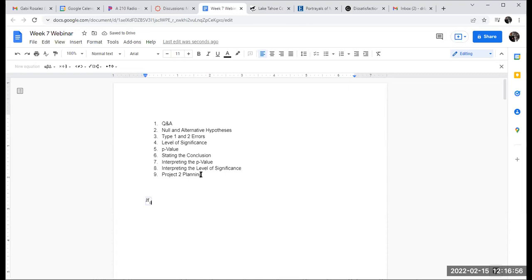Okay, the British got to this first. And 0 is not a word in Britain. So it's H naught, because that's how they say 0 in Britain. So everyone calls it H naught. And then a colon. So just note, it's always going to look like this. The null hypothesis always has an H, the sub 0, which in Britain you call naught, and that's what we use, and then a colon.